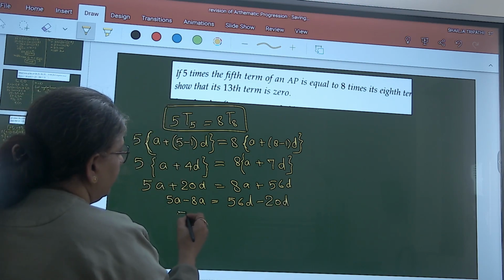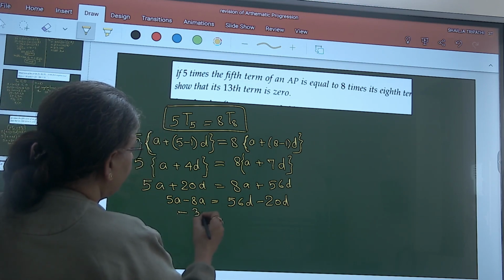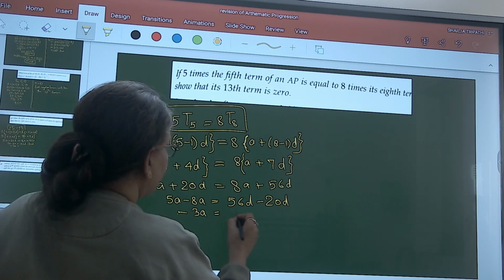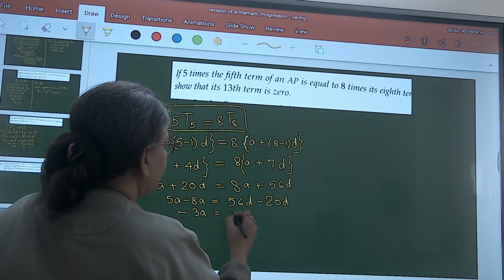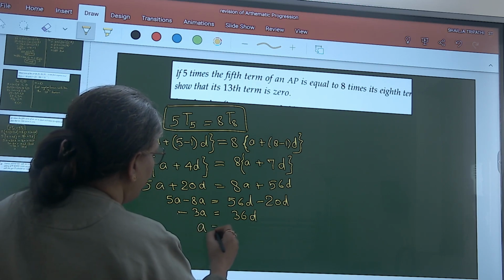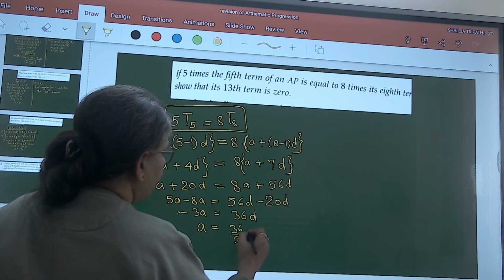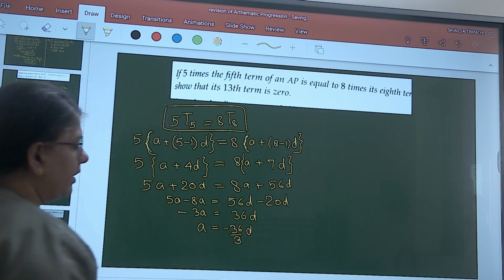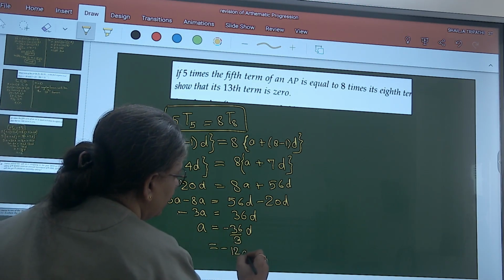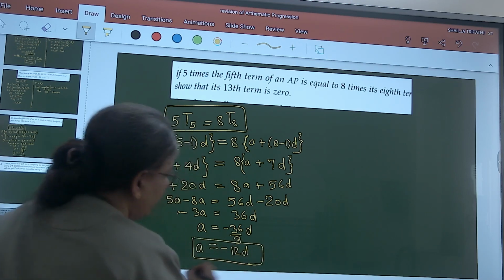So here you get minus 3a is equal to 36d, or a is equal to 36 upon 3d. We can put the minus sign here and we get minus 12d. So we get this relationship, a is equal to minus 12d.